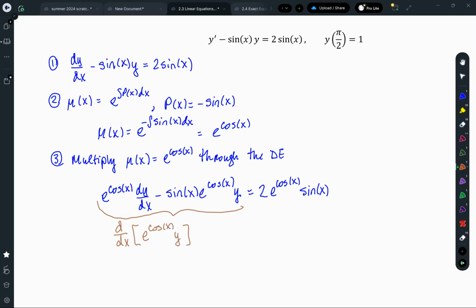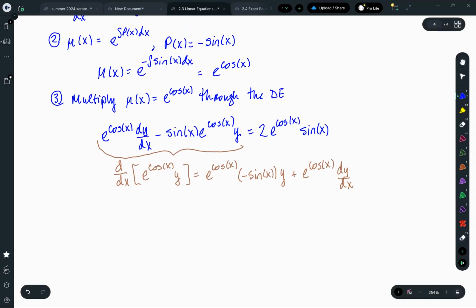So if we were to take the derivative of this product, we would get e to the cosine of x times the derivative of cosine of x, which would be a negative sine of x, and then times y, plus e to the cosine of x times the derivative of y with respect to x, which is dy dx. And looking at that, it is the exact same as the above line, so this is good. All right, so in the fourth step, we rewrite.